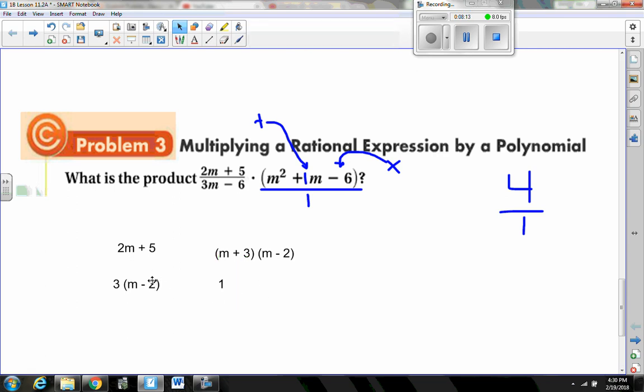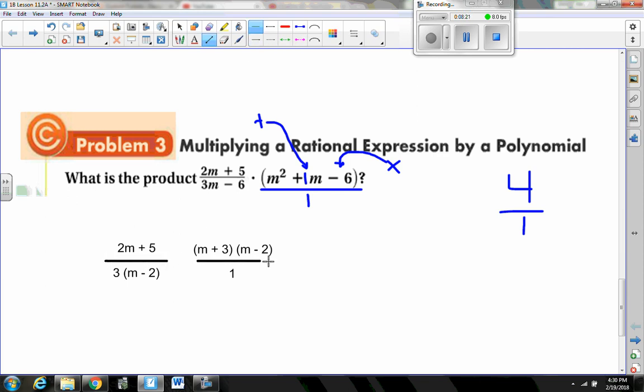So now I have these fractions being multiplied together, and I'll multiply tops and bottoms, making everything one fraction as soon as I cancel whatever I see that's the same. And the first thing I notice that's the same is my m minus 2 parentheses is on the top over here and on the bottom over here, so that can cancel out.